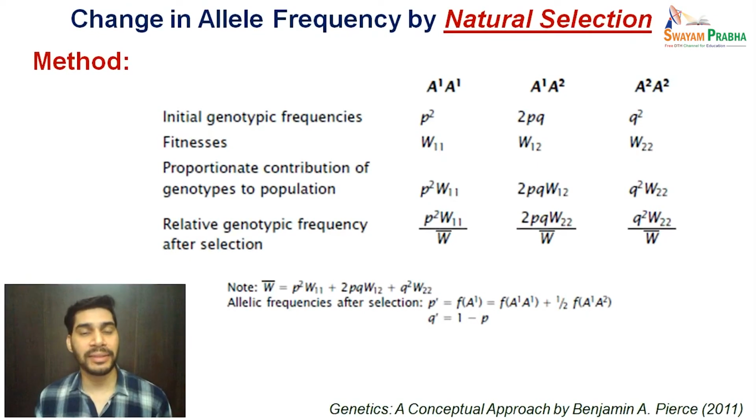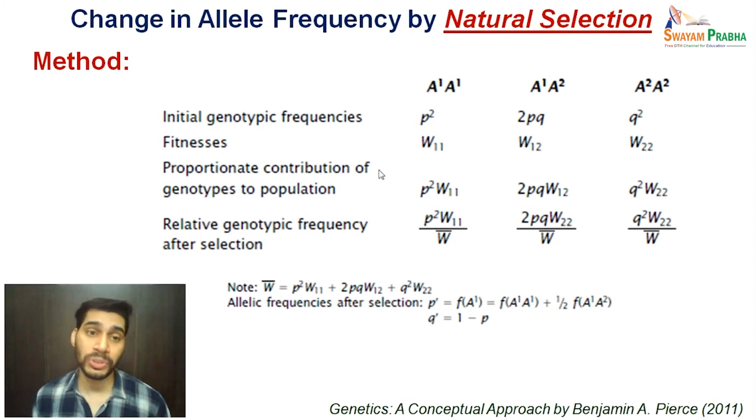Now there is a method of calculating all these frequencies. For example, let's assume that the initial genotypic frequencies of these three genotypes are represented as p square, 2pq and q square, and their fitness is represented as W11, W12 and W22.